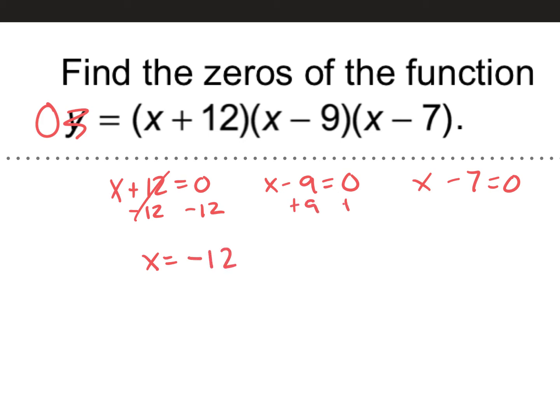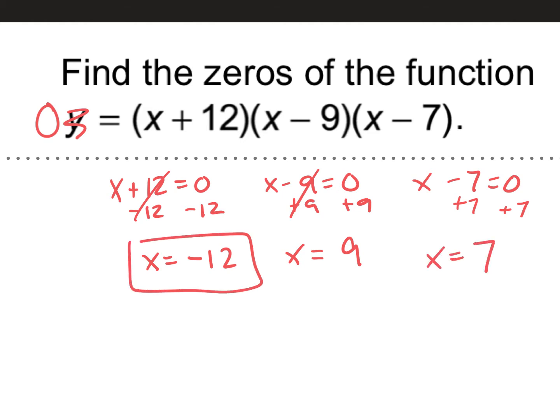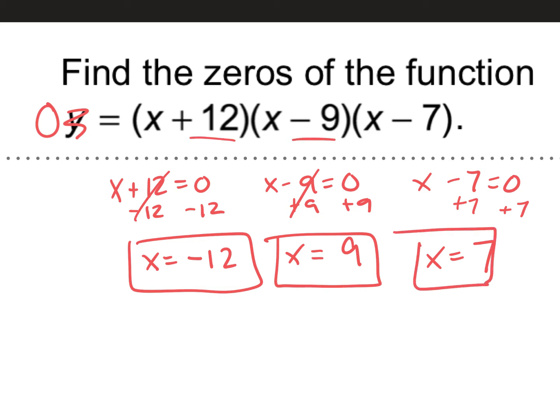We add 9 to both sides, so x is equal to 9. And add 7 to both sides, so x is equal to 7. So notice that our answers are the same as what we started with, but the signs are different. So we are changing the signs in our answers. So instead of a plus 12, it became a minus 12. Instead of a minus 9, it became a positive 9. And instead of a minus 7, it became a positive 7.